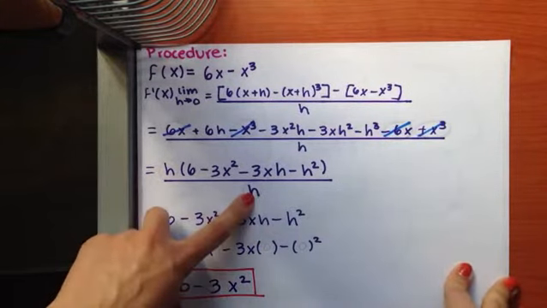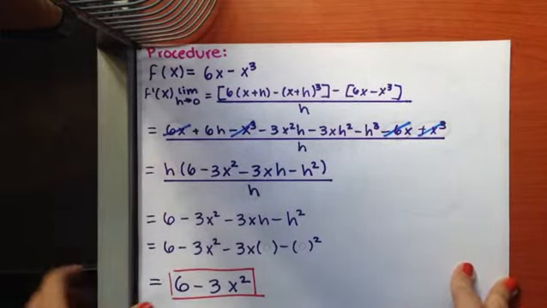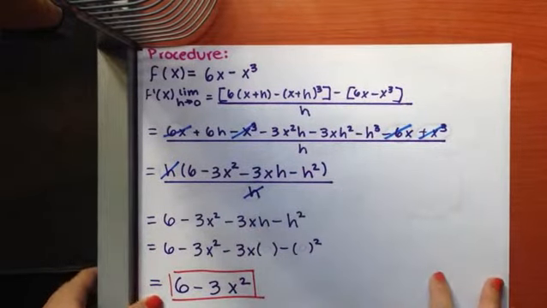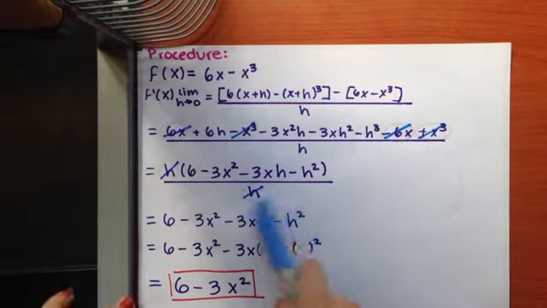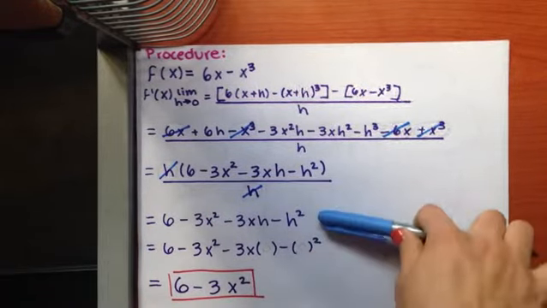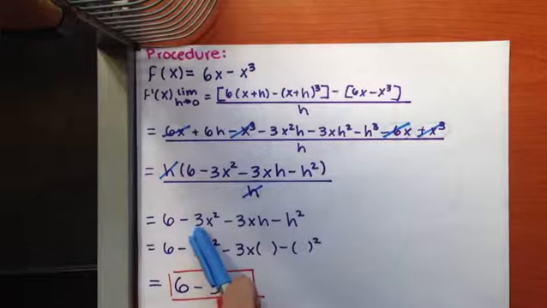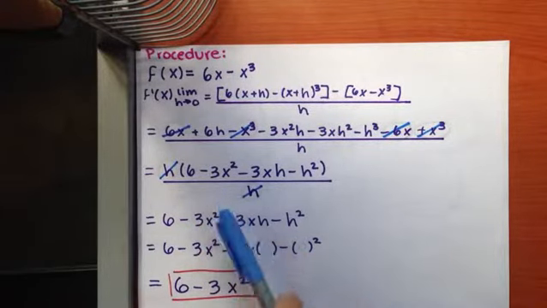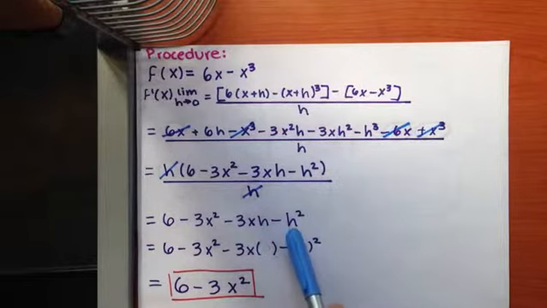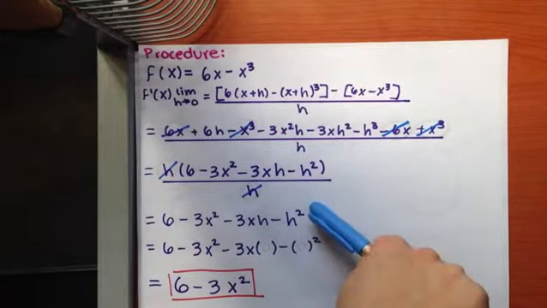Here we have the same common factors, so we can eliminate also this h. After we get rid of these two h's, this will be the outcome: 6 minus 3x to the second power minus 3x times h minus h to the second power.